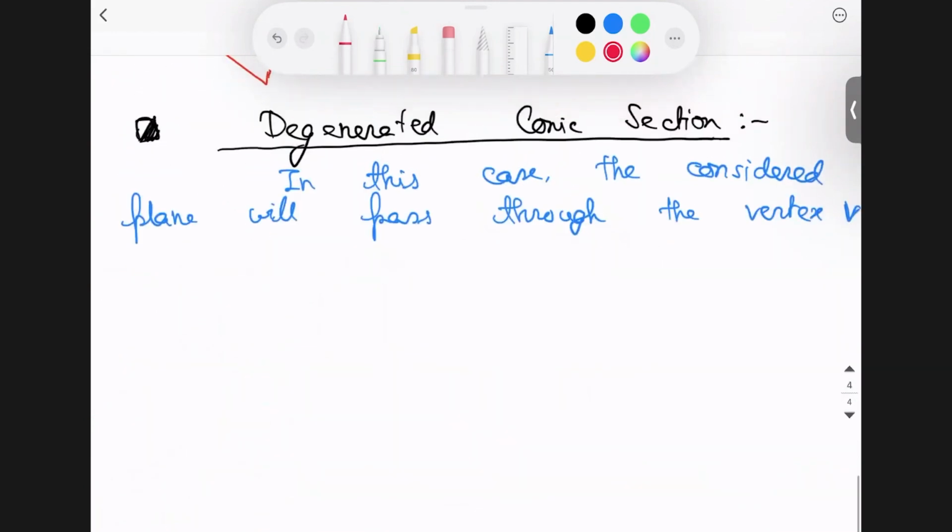One degenerate case I have already discussed. So let me draw it again a little bit. That is the fixed line. And you can think of the cone.